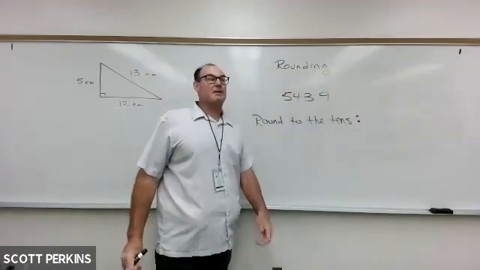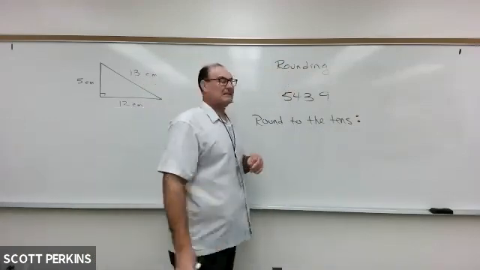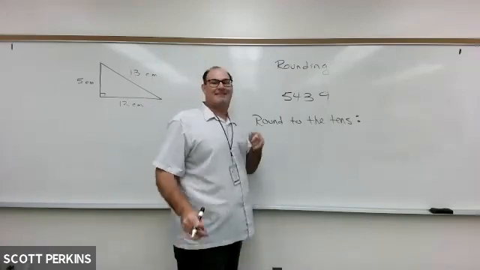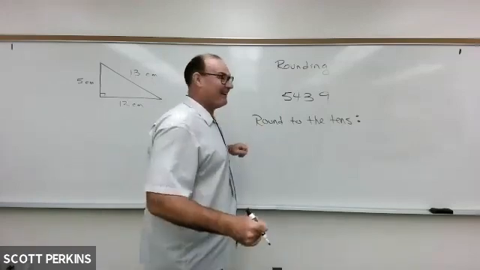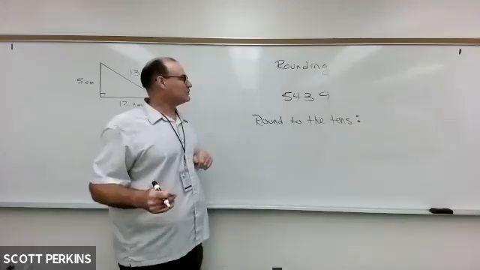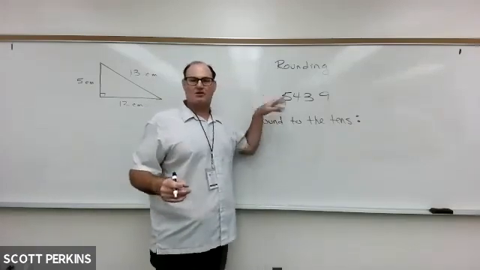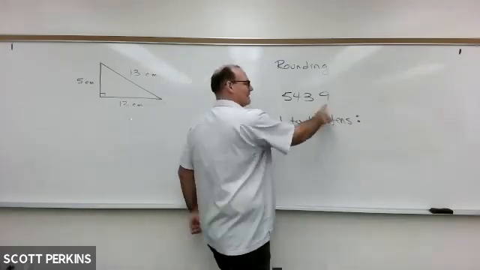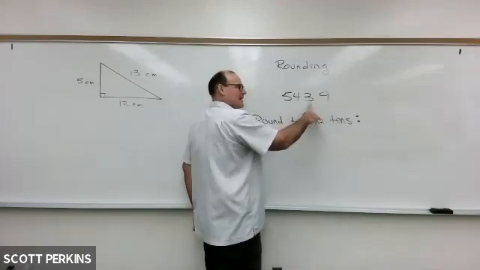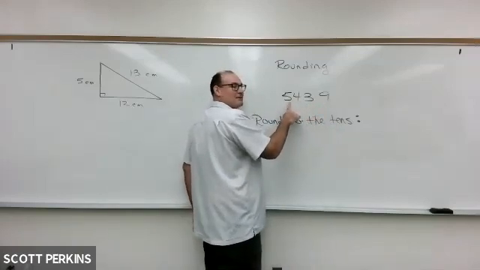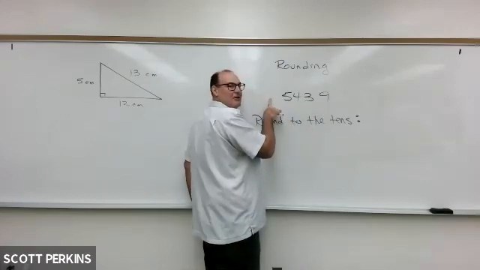What number's in the tens place? Where's the decimal point? There's no decimal point. It's just a whole number. This is my units, my tens, my hundreds, my thousands, my 10,000s, my 100,000s.